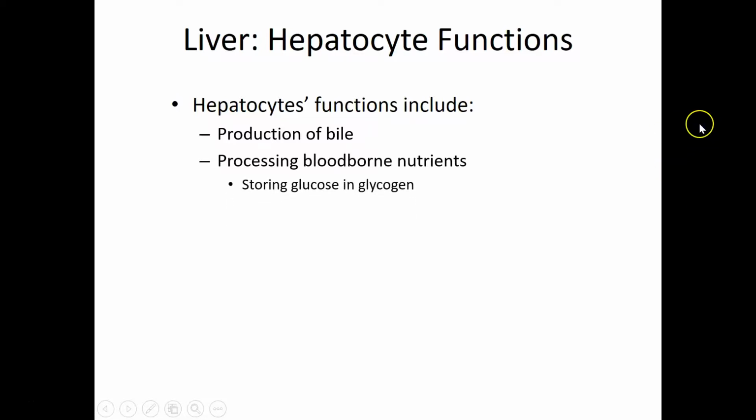I gave you a few examples. When you eat and absorb glucose, it can be stored as glycogen in hepatocytes. Hepatocytes can also use absorbed amino acids to make a long list of plasma proteins. That includes albumins, clotting factors, etc.